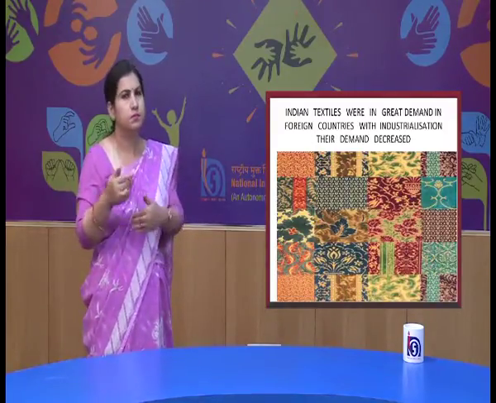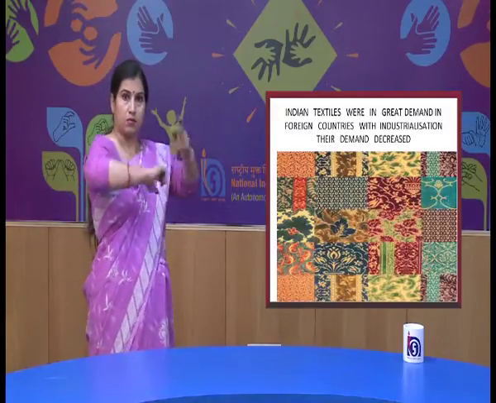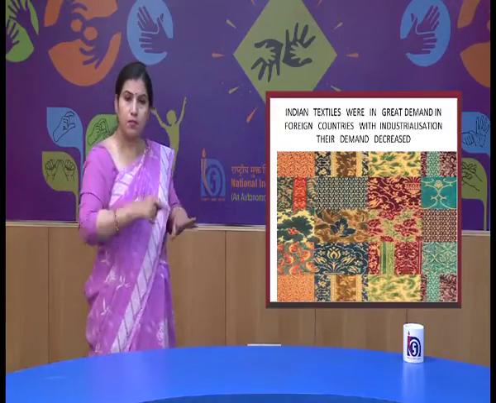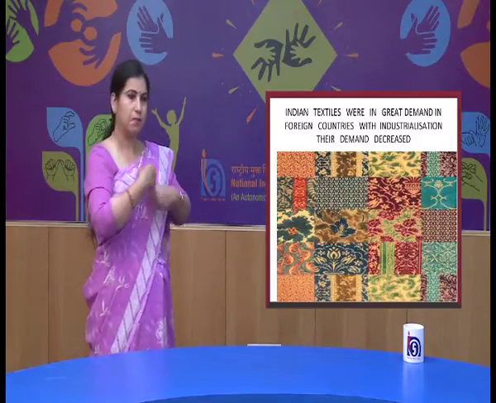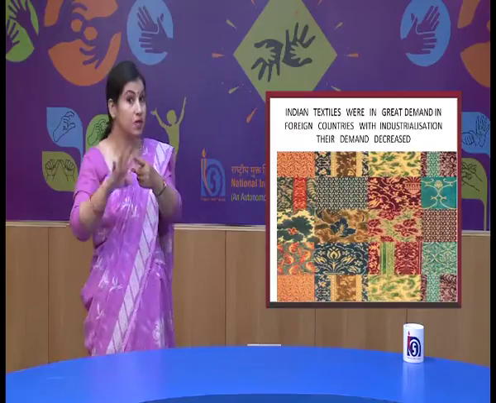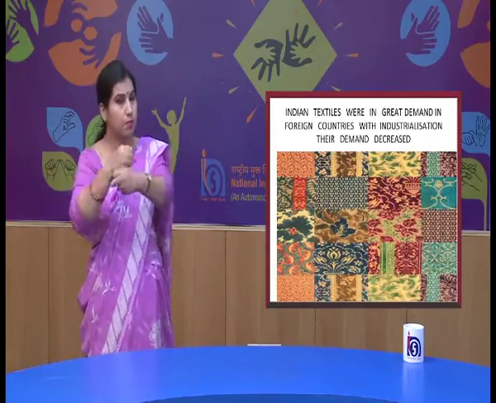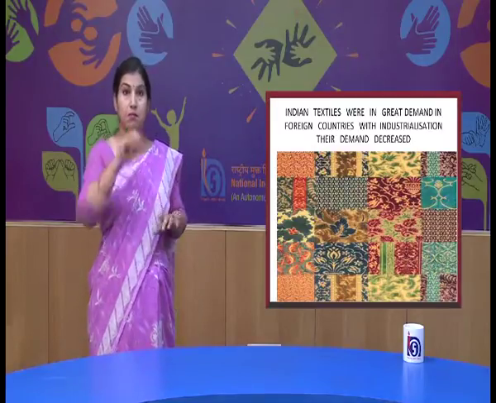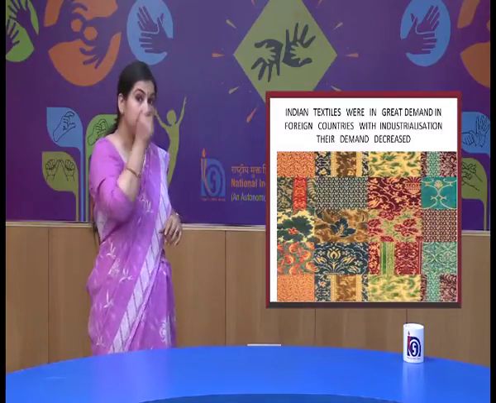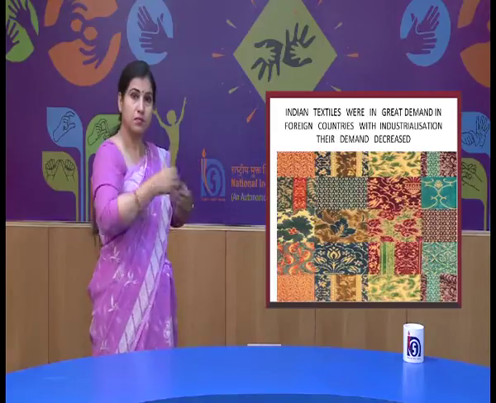However, with the Industrial Revolution, the situation changed because of the machine-made clothes of Europe. These clothes were not only fine and superior in quality to the Indian handmade textile, but they were cheaper also.